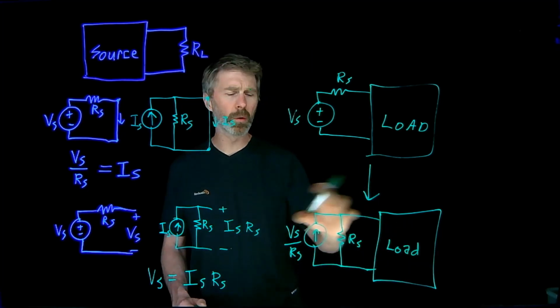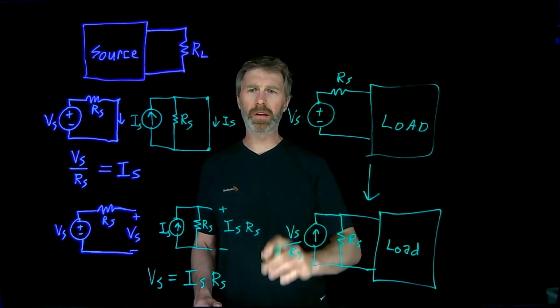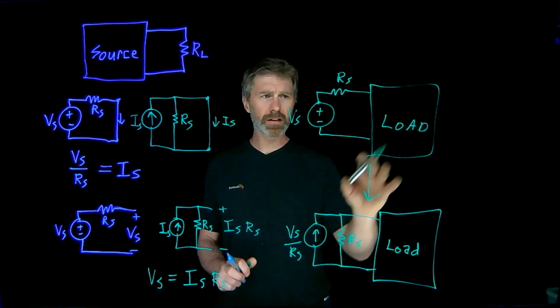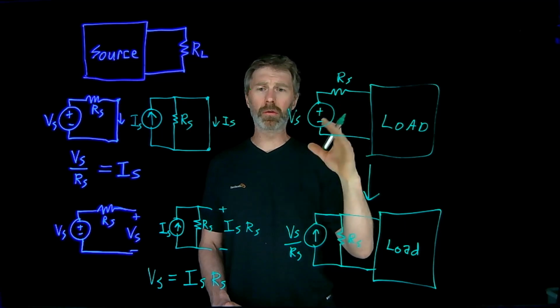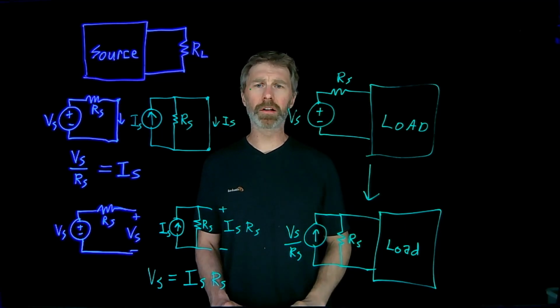In a future video, we'll look at some examples of how we do this. But the general idea is you can have a voltage source or a current source, and you can convert between the two depending on which one is going to make your analysis easier.